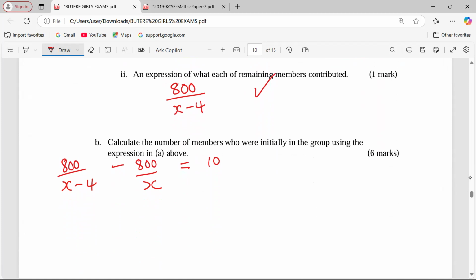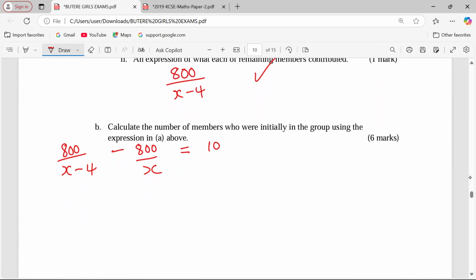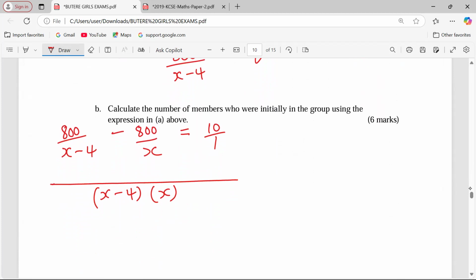Then now we solve it as an equation. Remember, 10 is automatically over 1. So x minus 4 into x, that is the LCM. When I divide the LCM by the first denominator, x minus 4 will cancel.